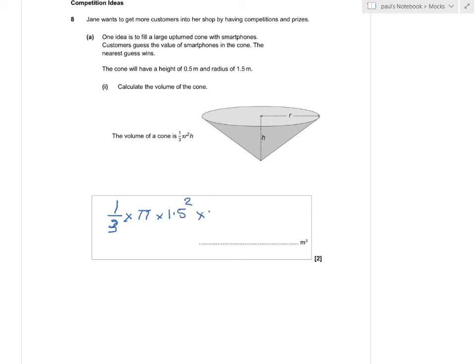The radius is 1.5 meters, so 1 divided by 3 times pi times 1.5 squared times the height of the cone, 0.5. That is 3/8 of a pi, which is 1.178 meters cubed.